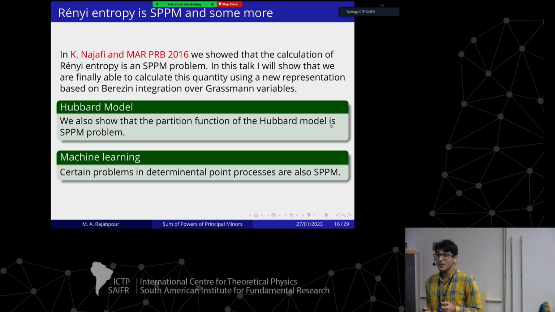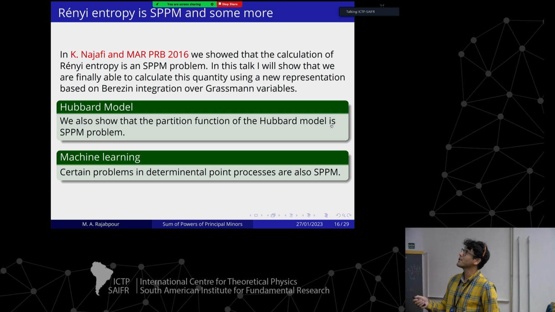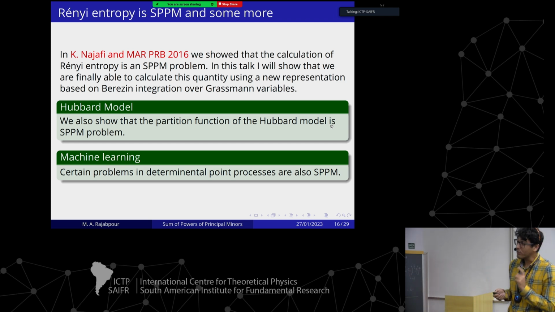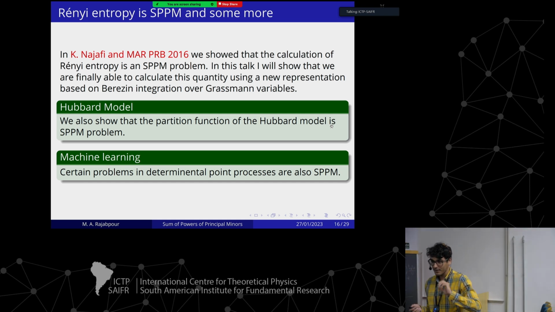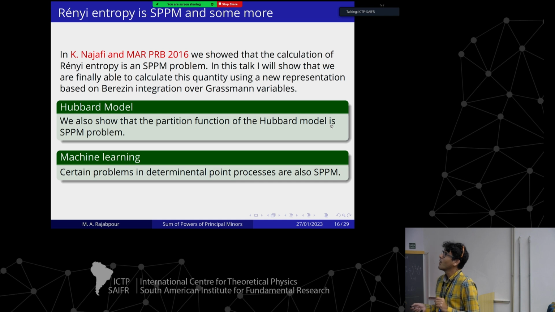This is a sign that calculating this quantity is probably an NP-hard problem, because, as I told you, the SPPM problem in general is NP-hard. It is true that for alpha equal 1/2, one can calculate it exactly, but for other alphas there's no way to do it.